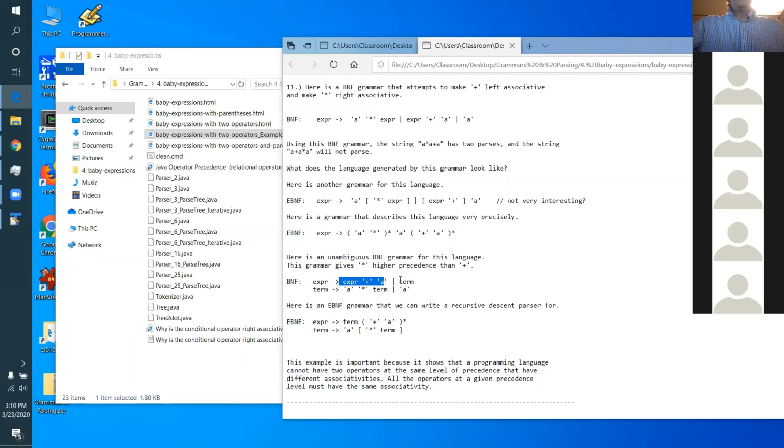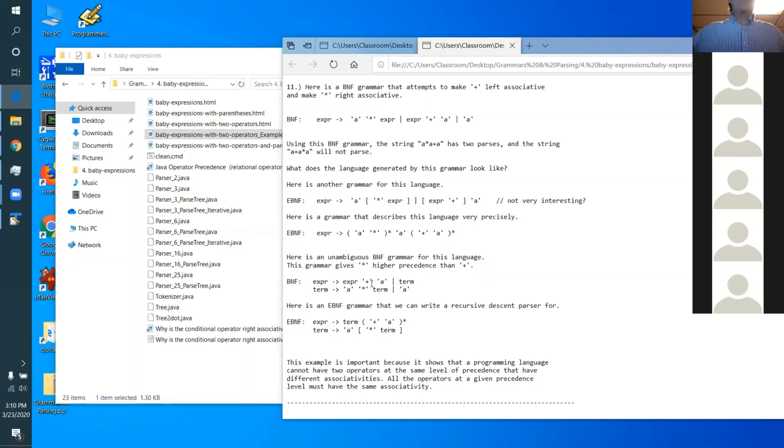It's this or this. Now notice that a term doesn't go back to expression. So if an expression is a term, then that's a whole different thing. You don't go back to expression. They're not mutually recursive. Notice that expression uses expression or term, and term doesn't use expression.